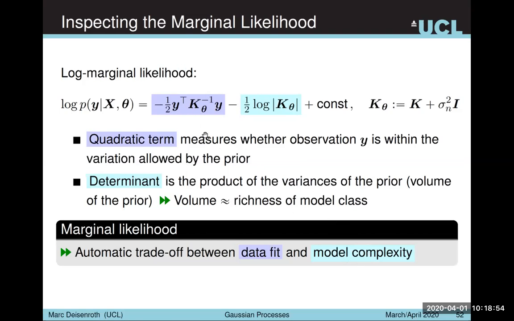The data fit term is the same that came from the likelihood, and the penalty on the amplitude of the prior can be interpreted as the complexity of the model. So the more flexibility we give the parameters, the range of the parameters, the more flexible the model. And in a similar way, we can interpret this log determinant term.